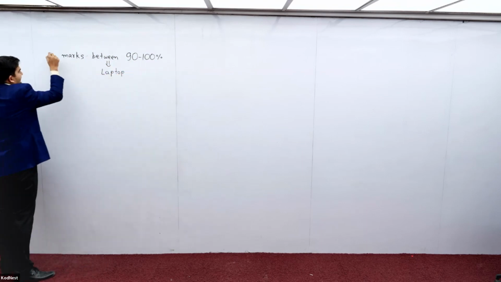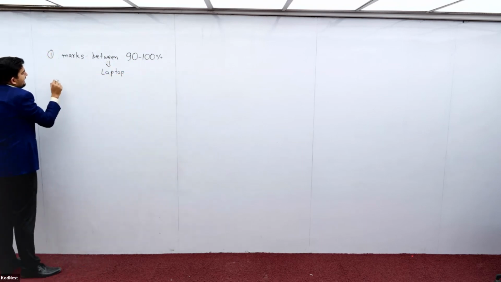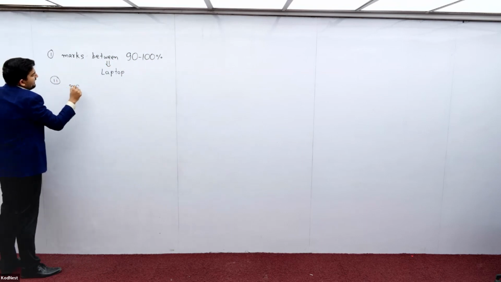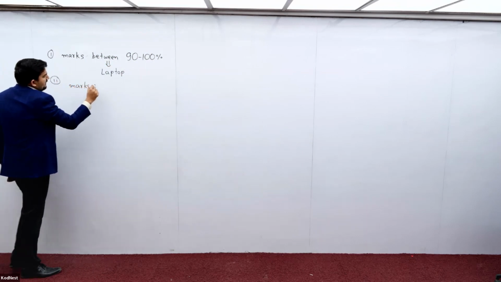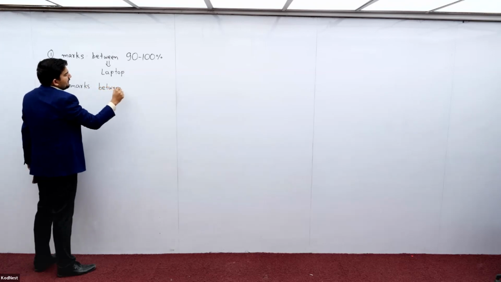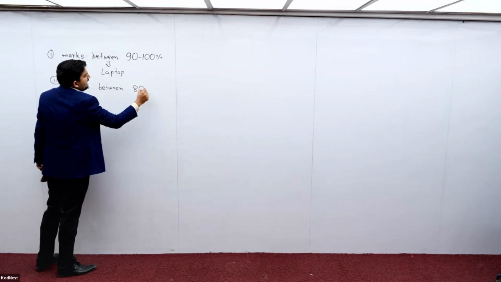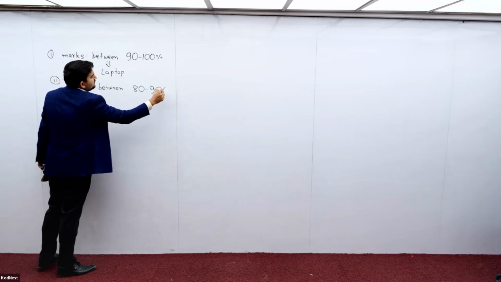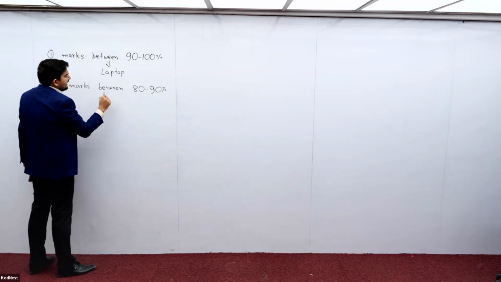In second case, this was our first case. In second case, the marks should be somewhere between 80 to 90%. In such a case, what are we going to get? We are going to get a smartphone.